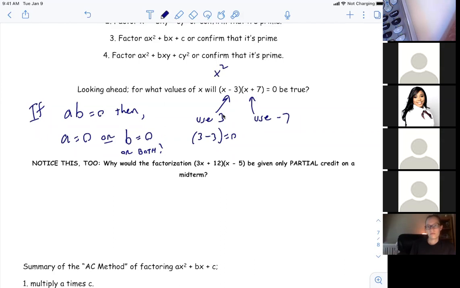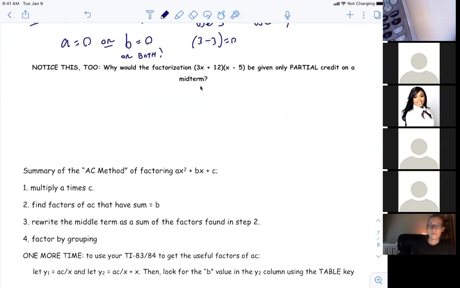If we had it in this form, I can't just look at that and say what x values make that 0, but in the factored form I can say 3 and -7 will work. Not only that, I can see there's no other possible solutions that I'm missing, because the only way to get each factor 0, we've figured that out, is 3 and -7.